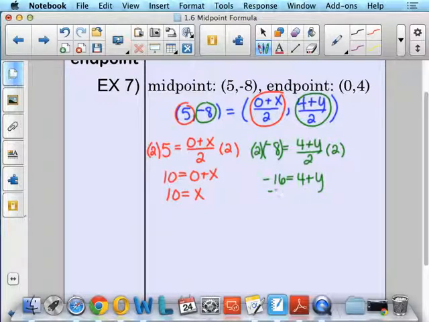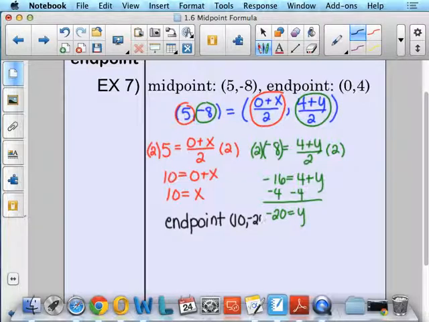Subtracting 4 to get y by itself. We get y is equal to negative 20. And so that means that the missing end point has a coordinate point of 10, negative 20.